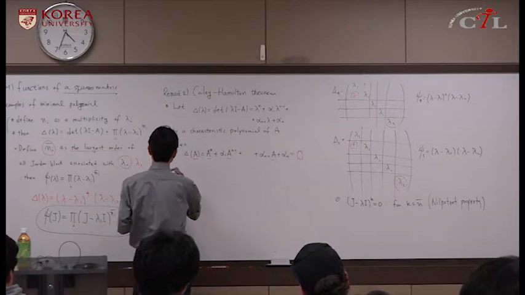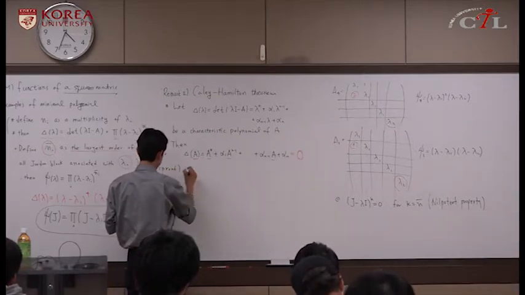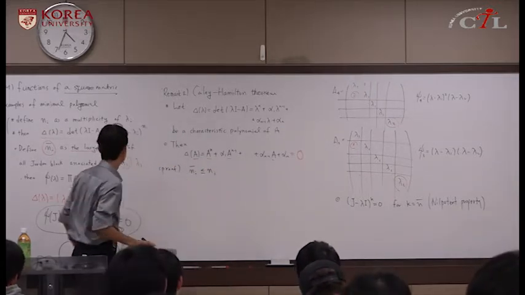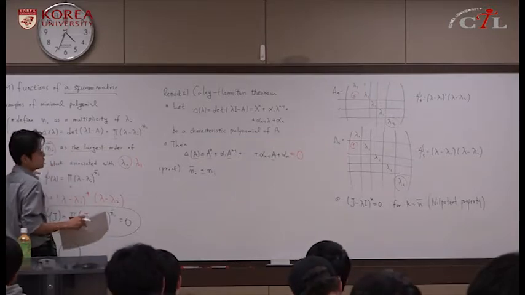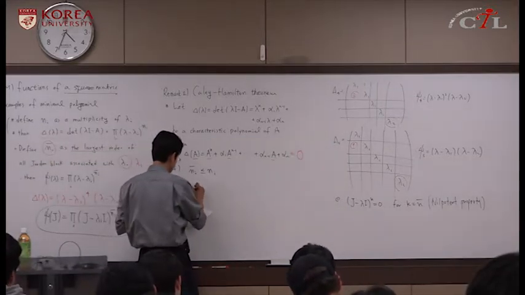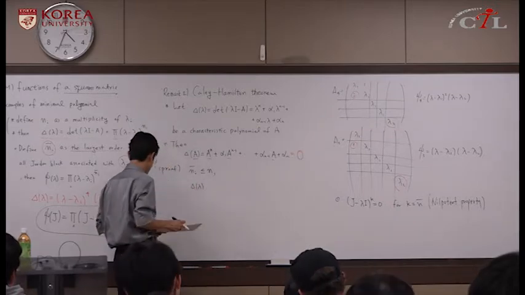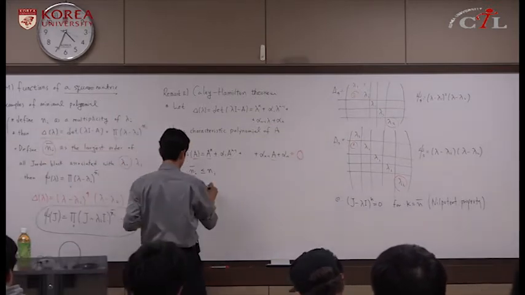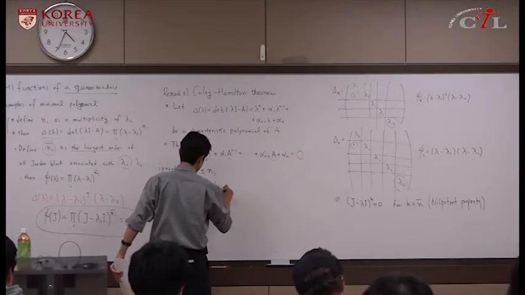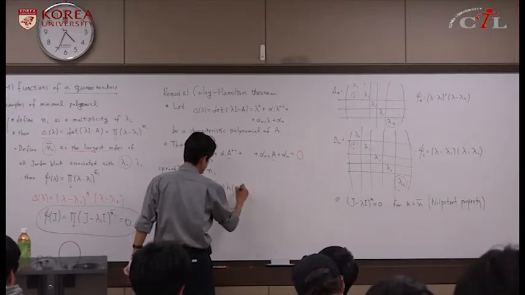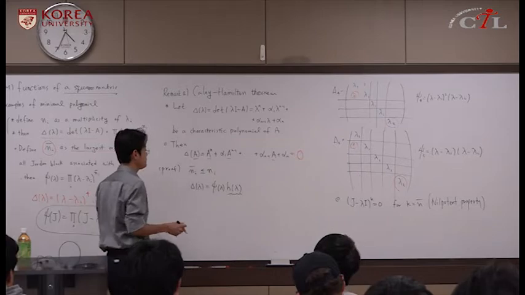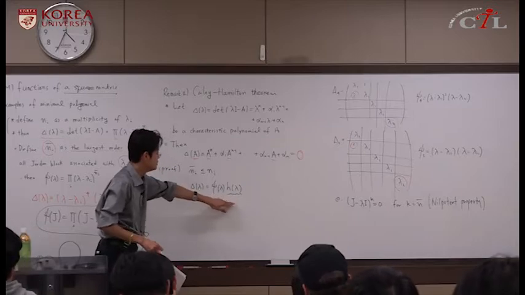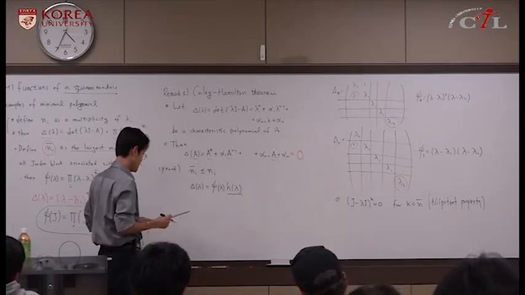This proof is straightforward. Here, n_i bar is smaller than or equal to n_i, because n_i bar is the largest order of a Jordan block. Given this kind of form, if I write the characteristic polynomial using psi, the minimum polynomial, then there should be remaining terms if it's smaller. If it's equal, this should be the identity.